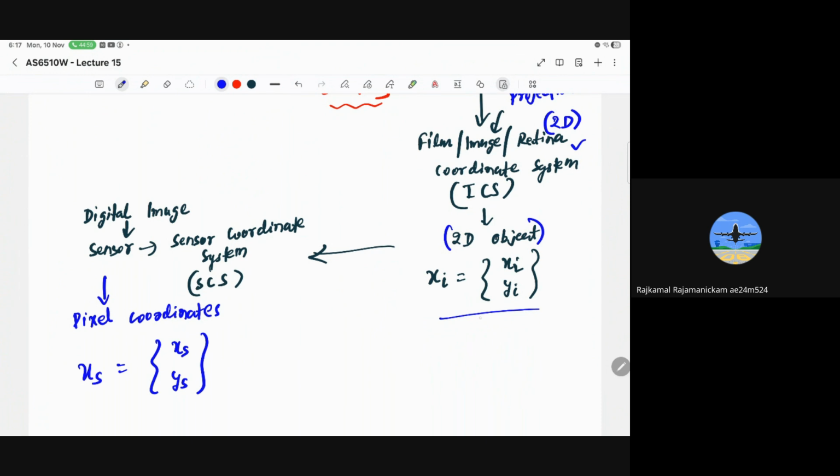So this transformation from the film of the camera to the final digital image is basically a simple, direct transformation. Okay, so this is the third transformation. This was the second transformation.